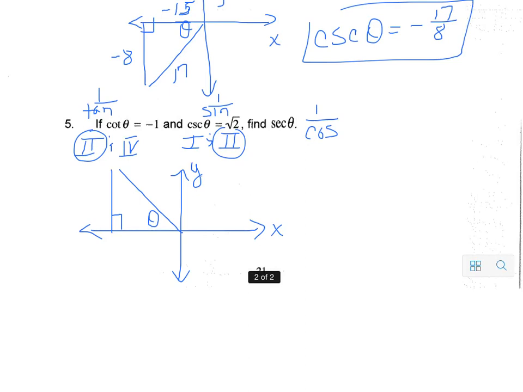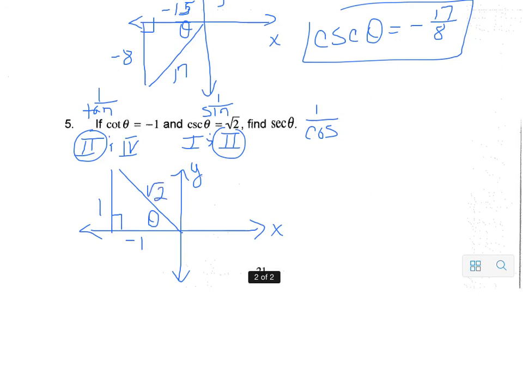It would have to be a 1 here and a -1. Yep, that makes sense. And cosecant, which is 1 over sine, which is opposite over hypotenuse, so sine would be 1 over radical 2. So this must be radical 2.